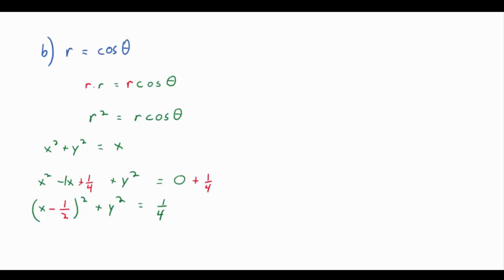And okay, it's not the standard form of the ellipse, is it? It's the standard form of what? A circle. If you wanted to, you could divide both sides by 1/4 and get 1 on the right side, and then that would be the standard form of the ellipse, but there's no reason to. Because we know the standard form of a circle looks like this. If it has a center other than the origin, x minus h quantity squared plus y minus k quantity squared equals r squared, right?